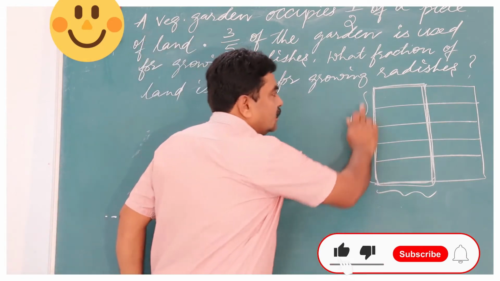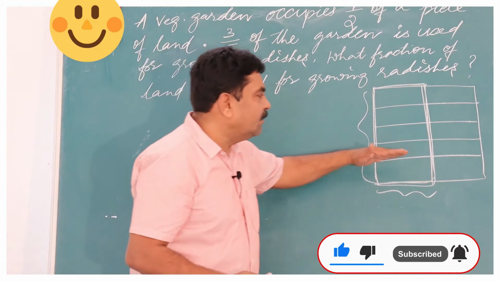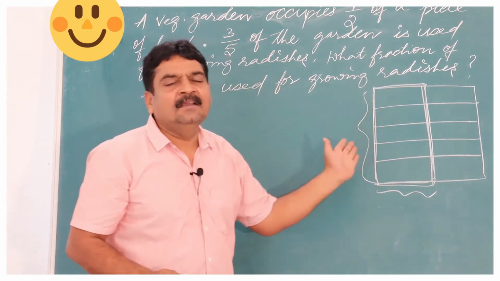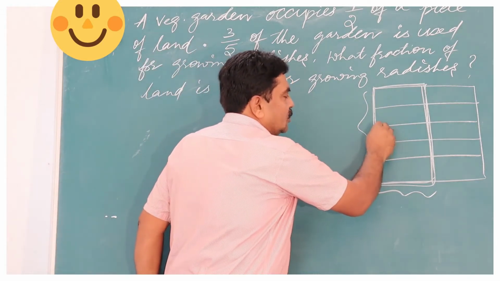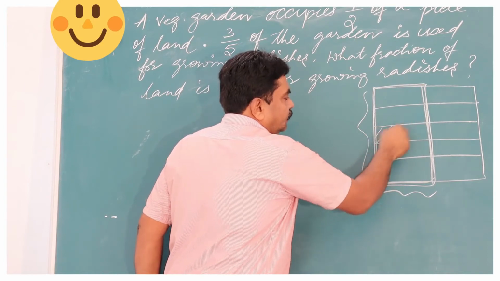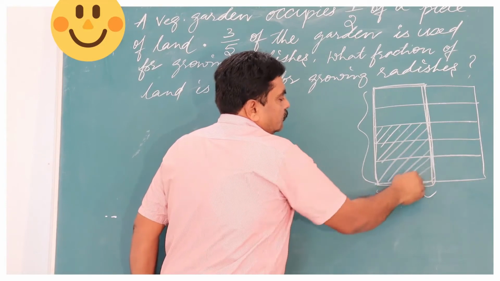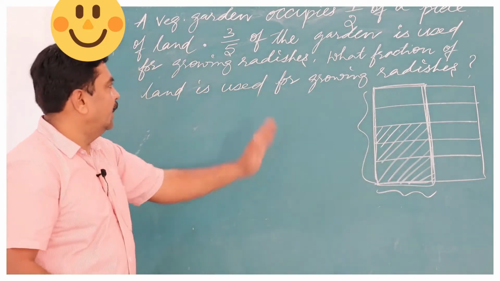Out of this garden portion, 3/5 means you have to make 5 divisions. Out of 5 divisions, he has used only 3. That is 3 parts he has used. Means this much, out of the half land.